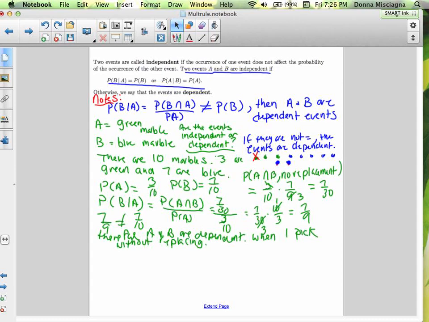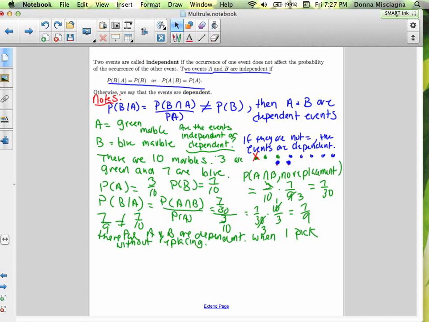So here, picking without replacing, that is a dependent event. What if I put the marble back? Well, if I put the marble back, I'd have a 7/10 chance of picking the blue marble, and now it would be independent. Because I wouldn't have had 7/9, I would have had 7/10.